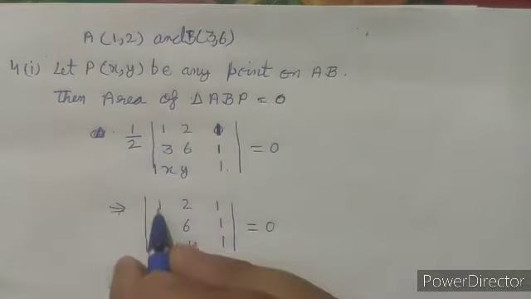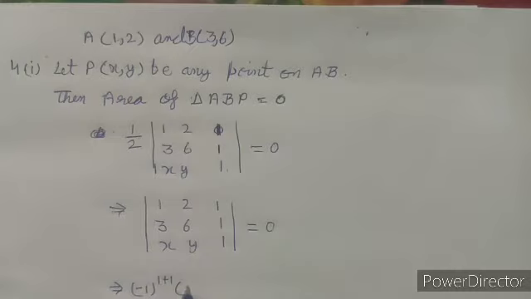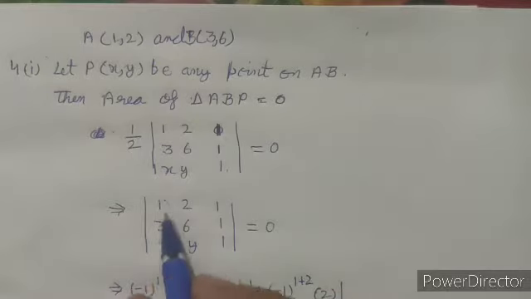Now on expanding along row 1 we will get (-1) raised to power 1 plus 1 into 1 into, on eliminating the first row and first column, the determinant of (6, 1; y, 1), plus (-1) raised to power 1 plus 2, now 2 is the second element of the first row, into 2 into the determinant of (3, 1; x, 1).